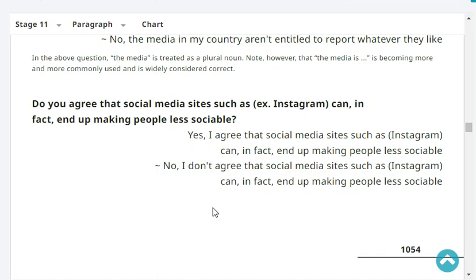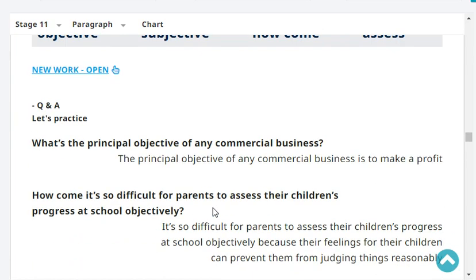No, I don't agree that social media sites such as Instagram can in fact end up making people less sociable. Very good.